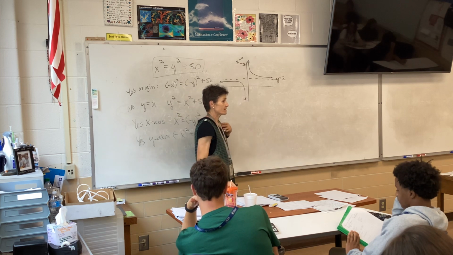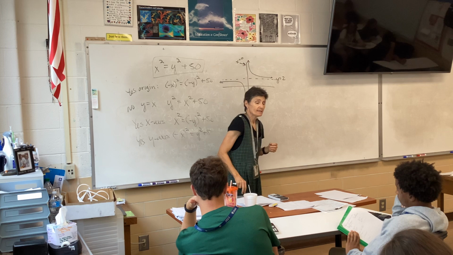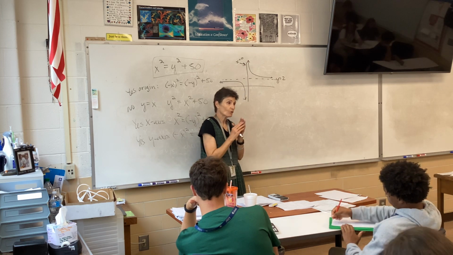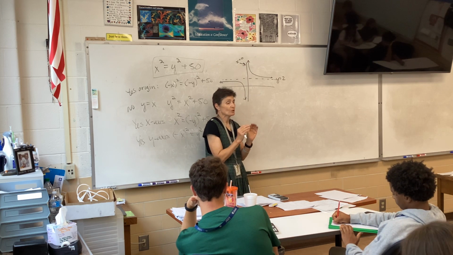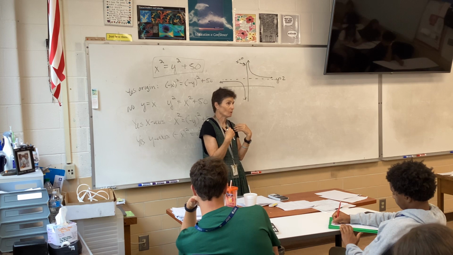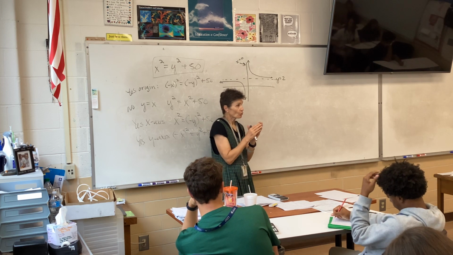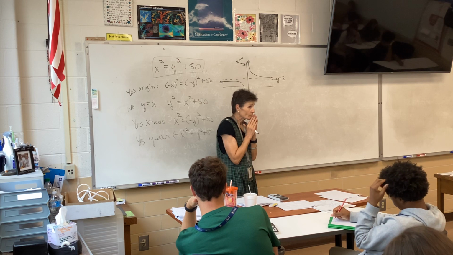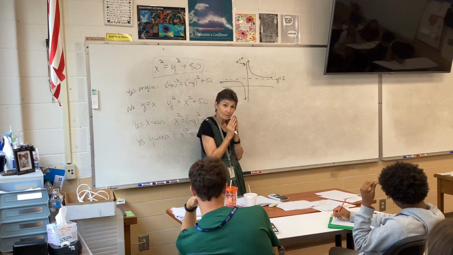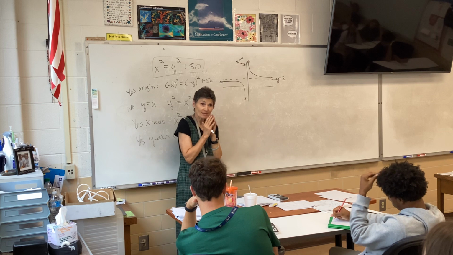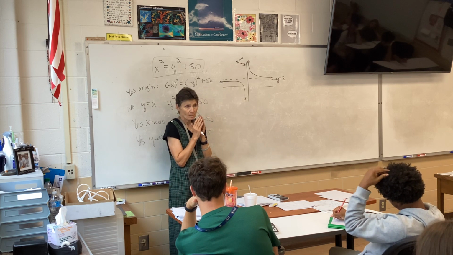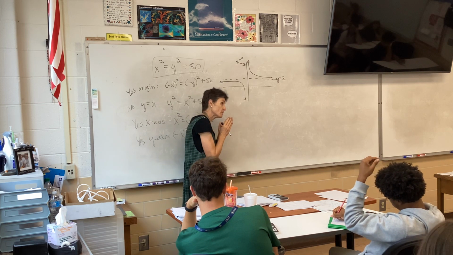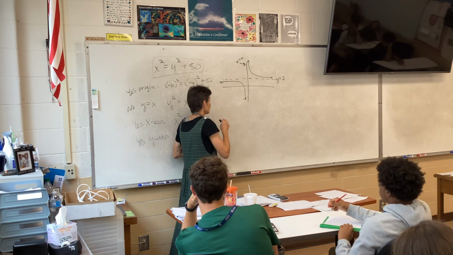Do you understand that an asymptote is a line that the curve approaches? Actually, it doesn't even have to be a line, but for us it will be. A line that the curve approaches but doesn't intersect. So the farther you go, the closer you get, but you never get there. That's called a limit.